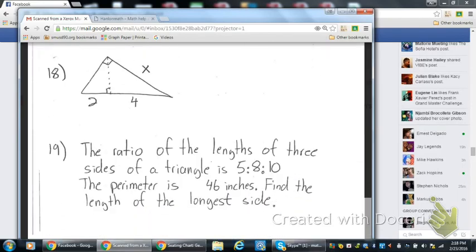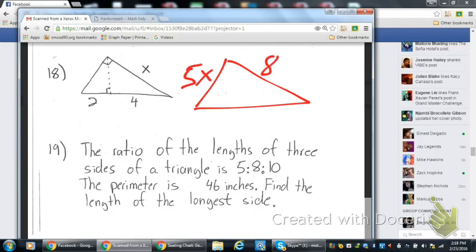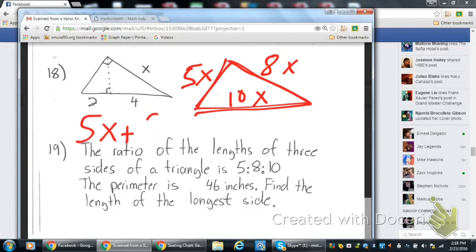Okay, so good problem. The perimeter is, I'm just going to draw a picture. Since we don't know what it is, I'm going to call this 5x, 8x, and then 10x. So perimeter means we walk all the way around. So 5x plus 8x plus 10x equals 46.